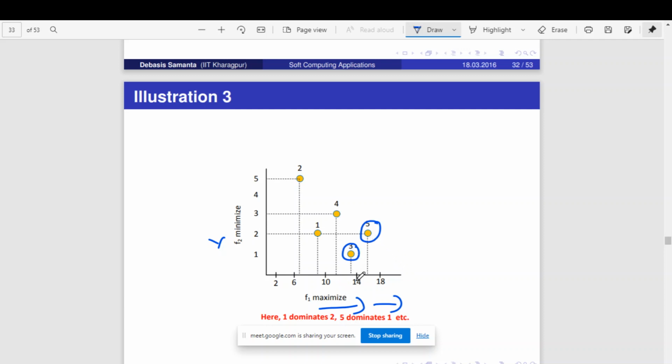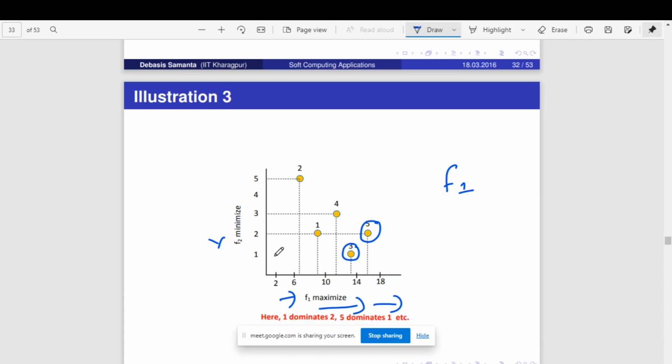With respect to F1, is 5 better than 3 or not? Yes, 5 is better than 3 with respect to F1. With respect to F2, is 5 better than 3? No, F2 you want to minimize, right? There it fails.